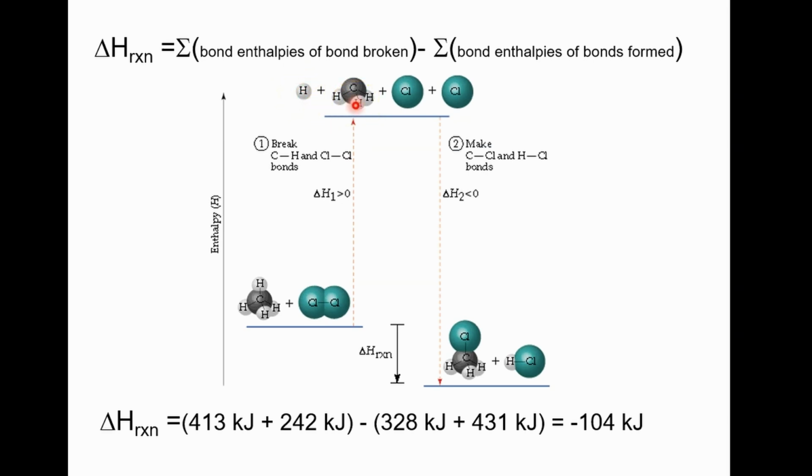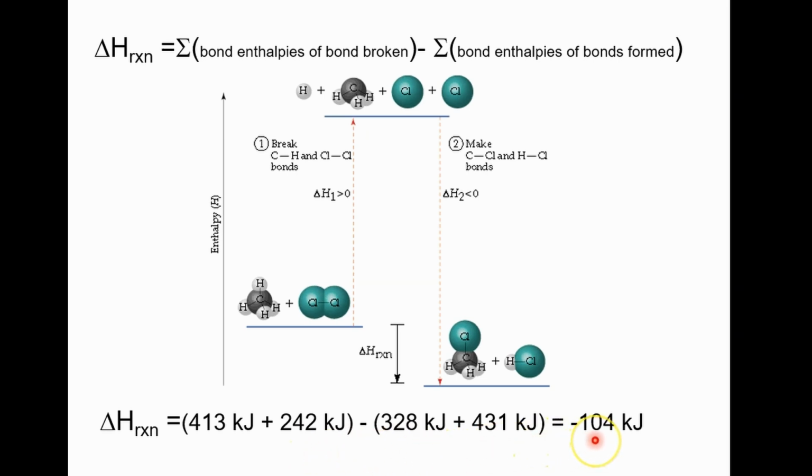This intermediate species here, CH3 and 2Cl. And then this hydrogen is found by one of these chlorine atoms and we get HCl. The other chlorine finds this CH3 and then we get our CH3Cl.